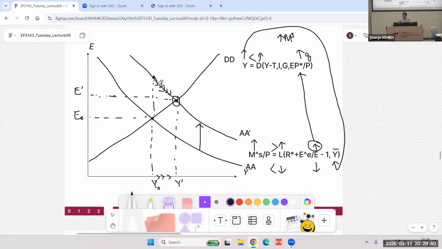So the gap between this A schedule and this line here, right? As long as there's a gap, that means Y wants to keep moving upward. And so we're moving E downward and Y to the right. Y wants to keep moving to the right as long as this E is greater than this E naught, right? And so this is our short run.